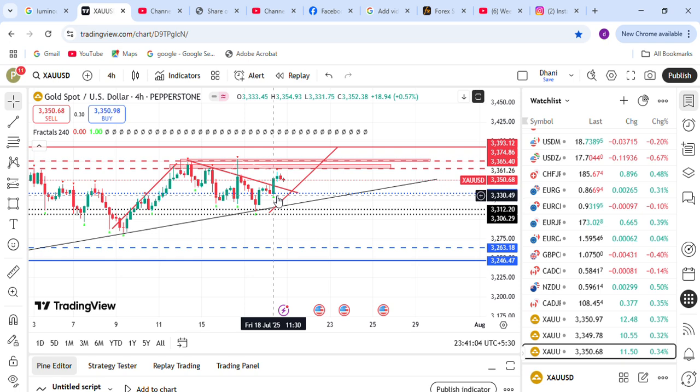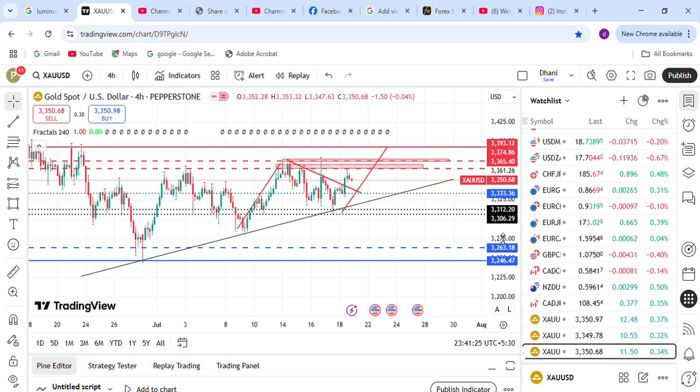If it acts as a good support, then it is going to be 33.93. If it goes straight up from here, one can look for selling opportunities from 33.93.